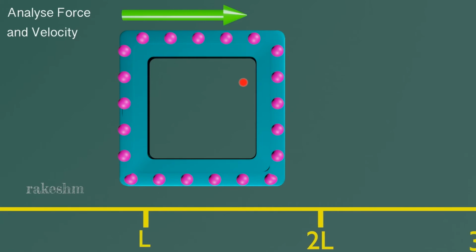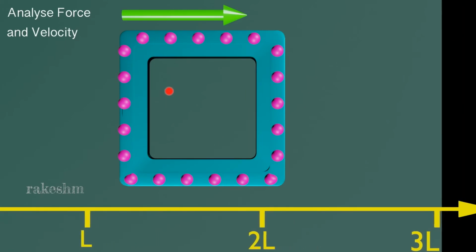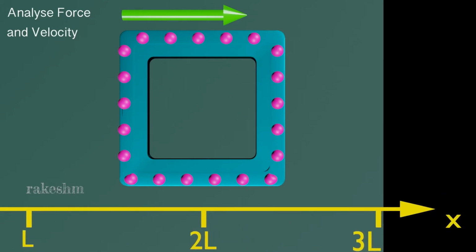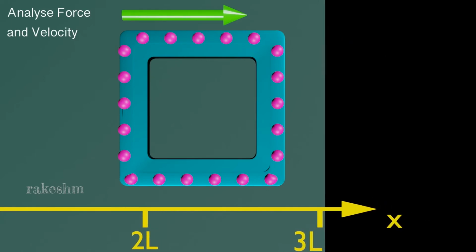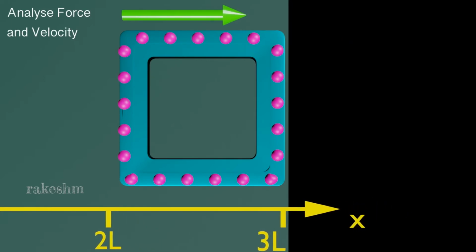In this region there is no current, so there won't be any force acting on the loop. When the loop is moving from x equal to 3L to 4L, we know that there won't be any force on this part and this part of the loop.